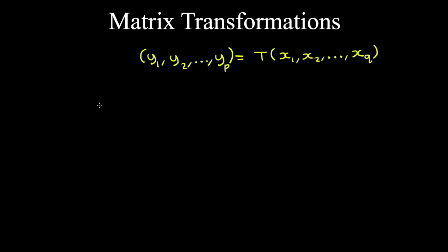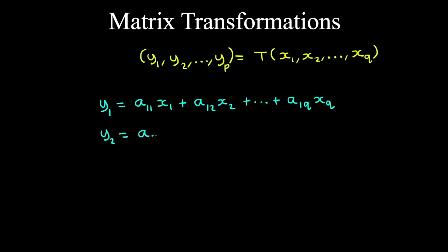And now if we have a special case where the equations are linear, so we have y1 is some coefficient of a matrix, a11 by x1 plus a12 by x2 and so on up to a1q by xq, and we have a similar expression for y2 being equal to a21 by x1 plus a22 by x2 and so on up to a2q by xq, and we keep going up to p equations.